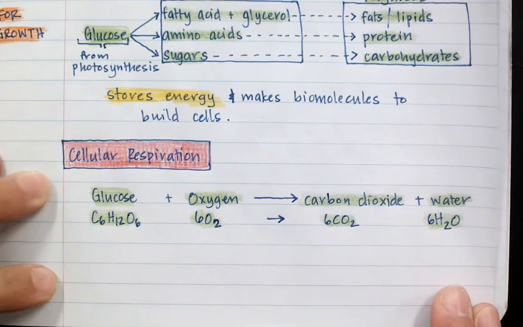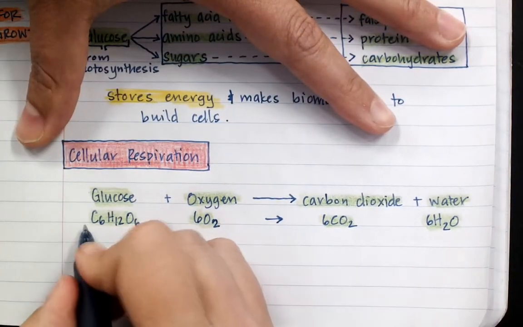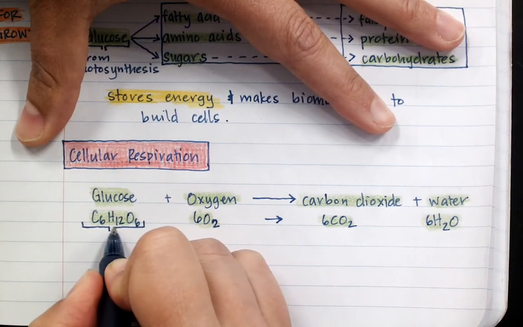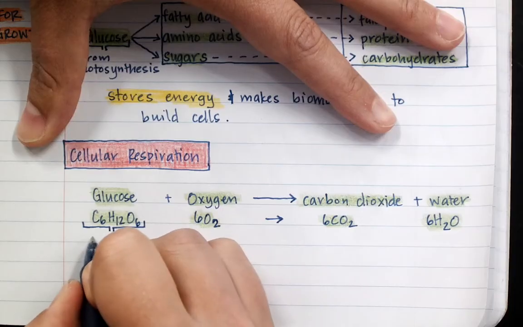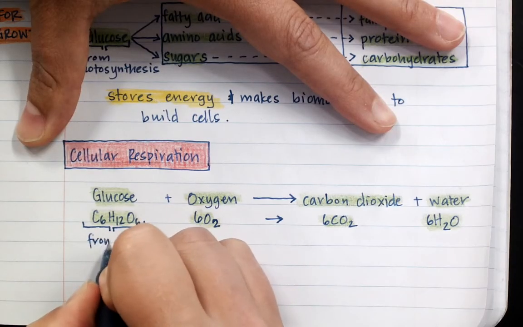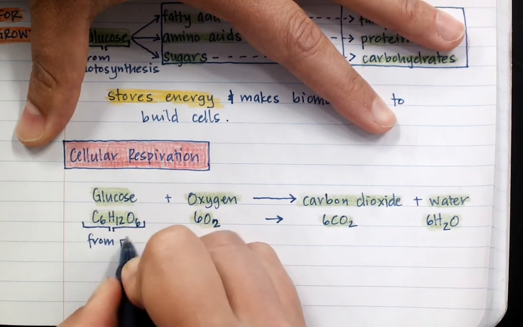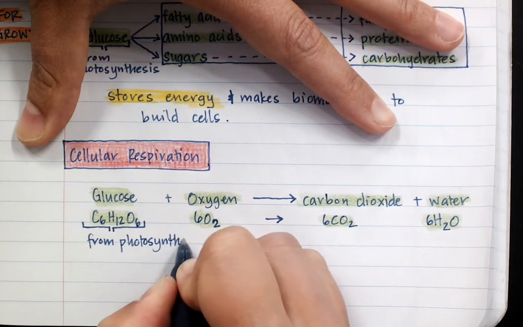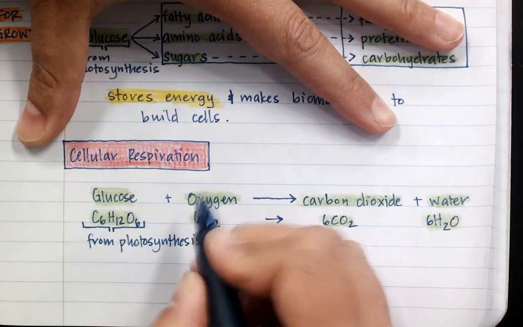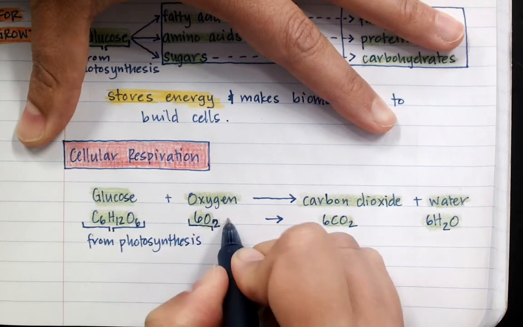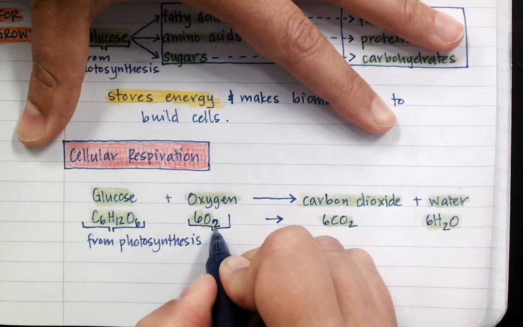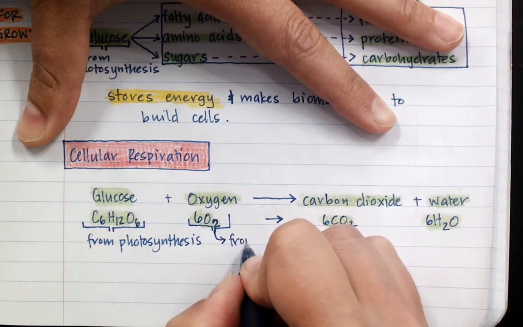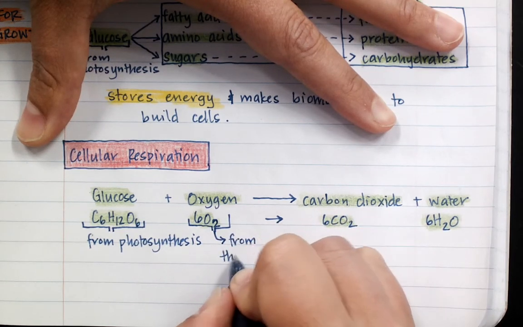Let's talk about where these things come from. So the glucose, where does a plant get glucose from? Well, it gets it from photosynthesis. It gets oxygen from the air.